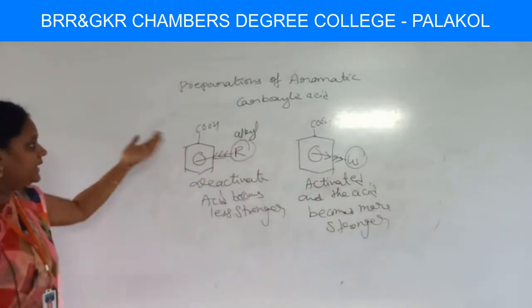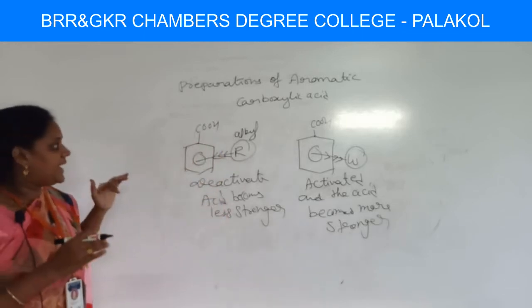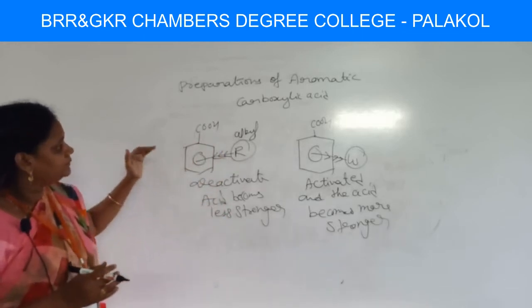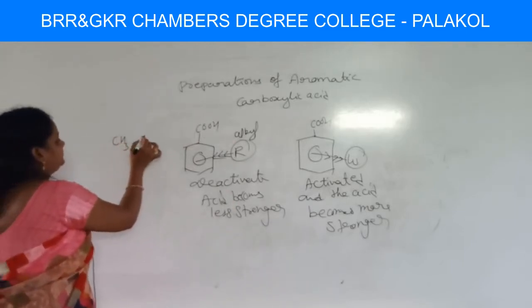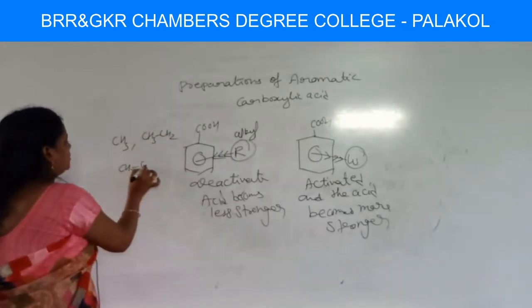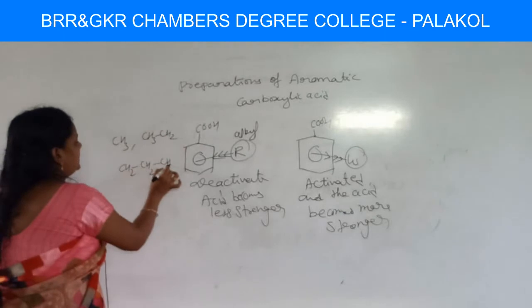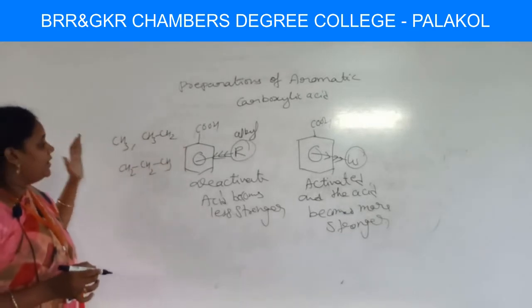Okay. In this electron releasing group, compare methyl group, primary, CH3, CH2, CH2, CH2, CH3. What happens? The order.